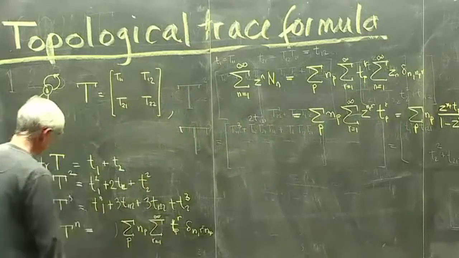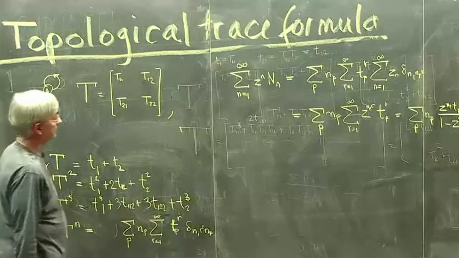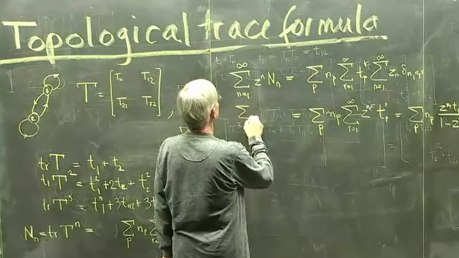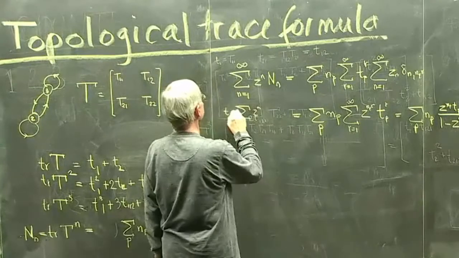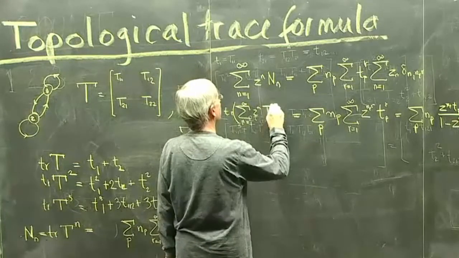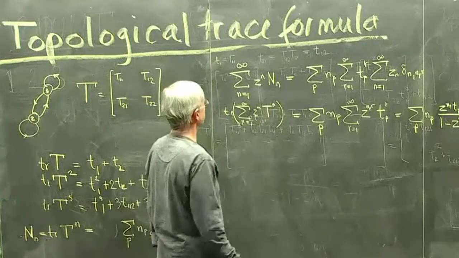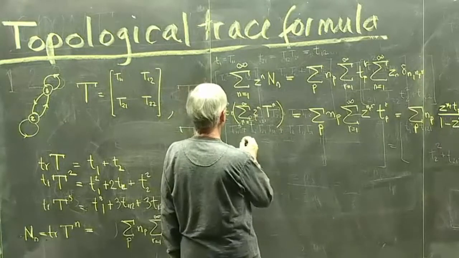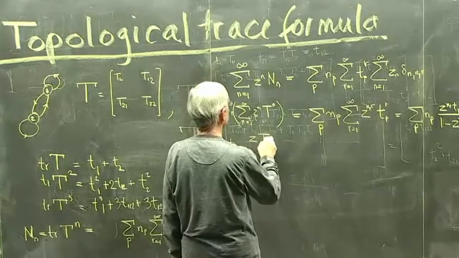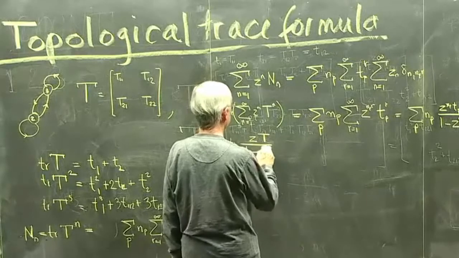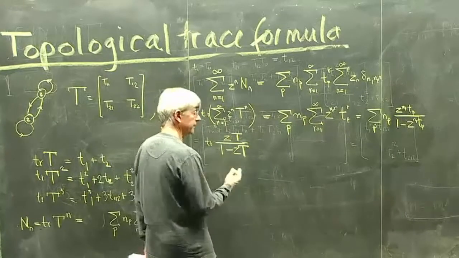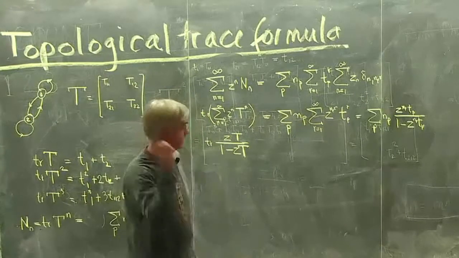But we also have an explicit formula for this. The explicit formula is that this is the same as the sum over n from 1 to infinity of z^n times the trace of the nth power of our transition matrix. That's also a geometric series, so we can sum it up. So this is the trace of zL divided by 1 minus zL. This is a trace, so we know what the trace of a matrix is: the sum of its eigenvalues.